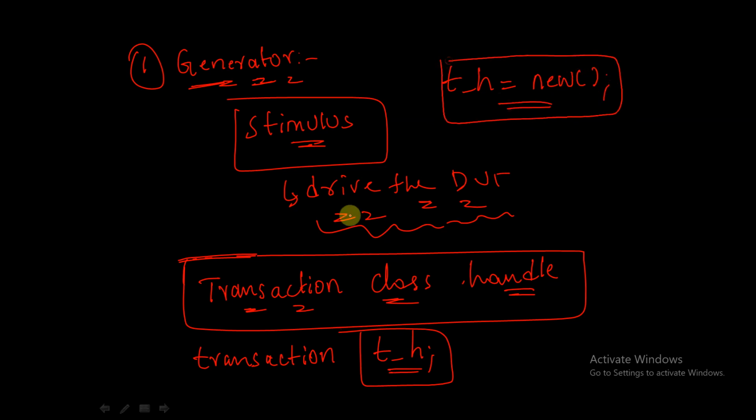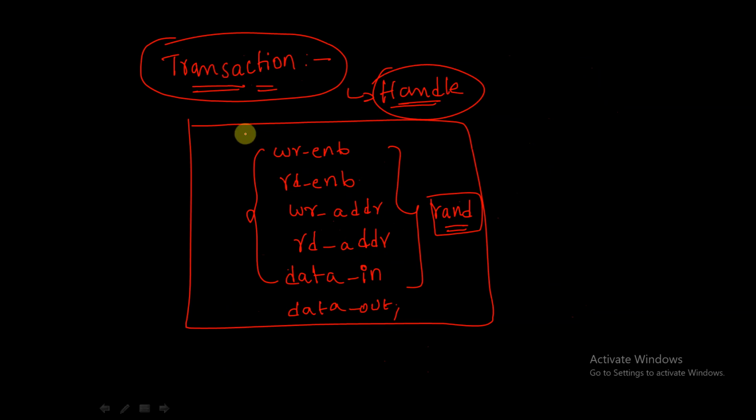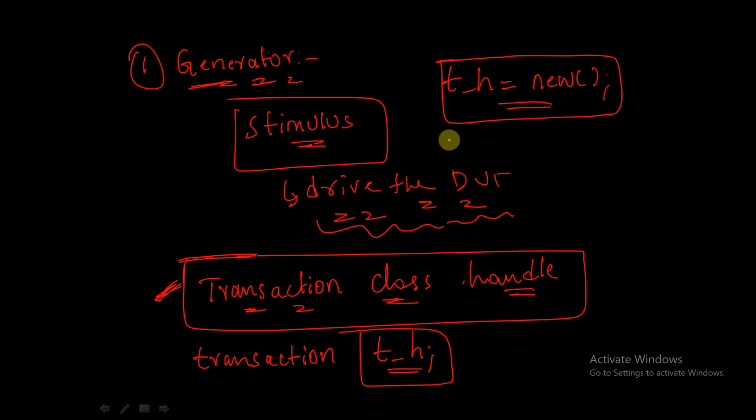After creating the object, we are going to randomize the variables declared with the keyword rand in the transaction class, using t_h.randomize.